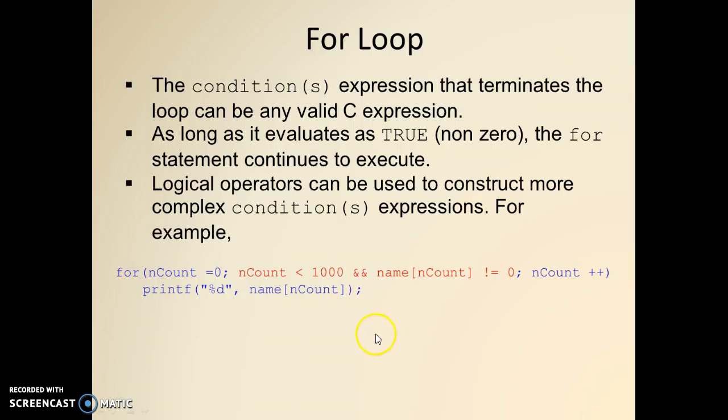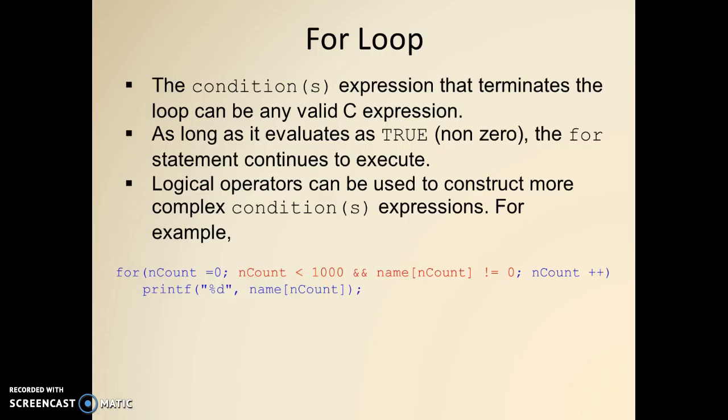Here in this example we have used two conditions: ncount should be less than or equal to 1000, and in the name array, at index ncount, the value should not be equal to 0.